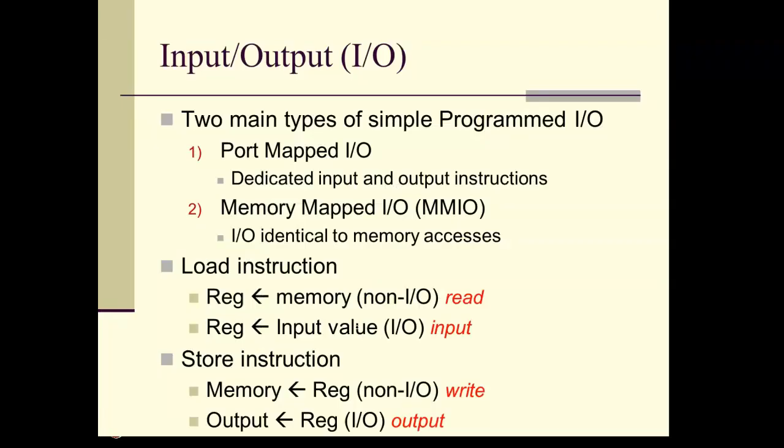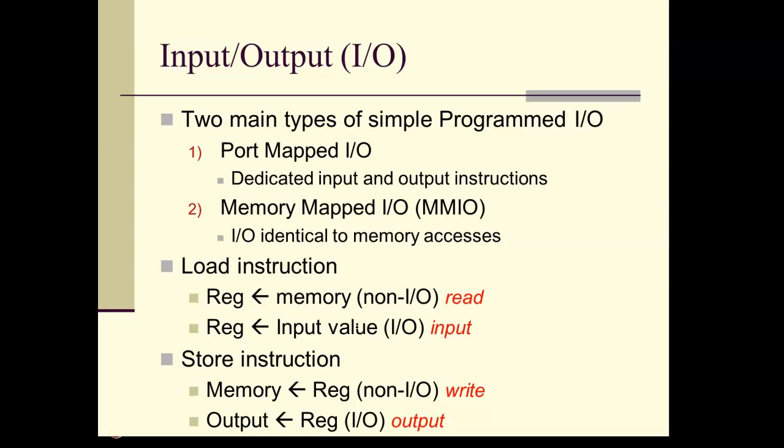It turns out the memory module is extremely important for doing input and output. In the big scheme of things, there are two types of I/O, input output, in microcontrollers. Essentially they fall into the category of programmed I/O.